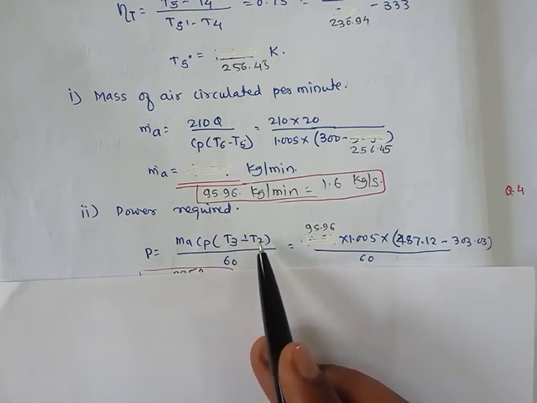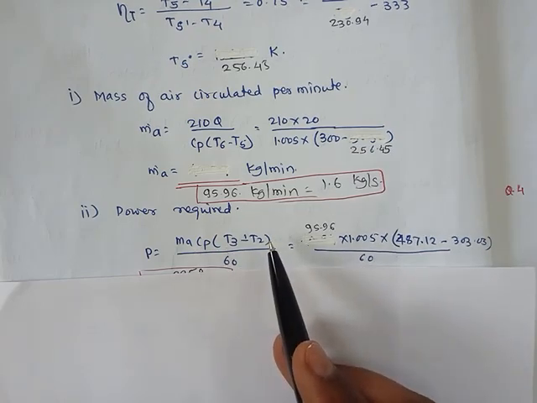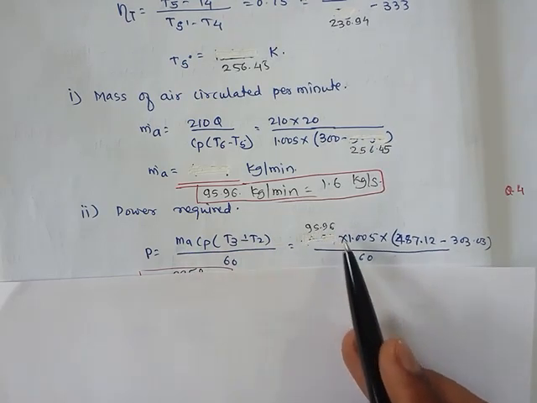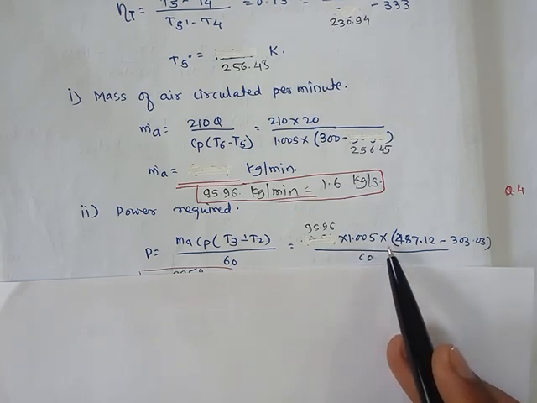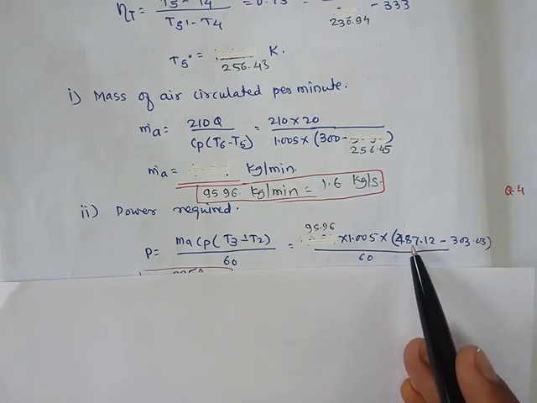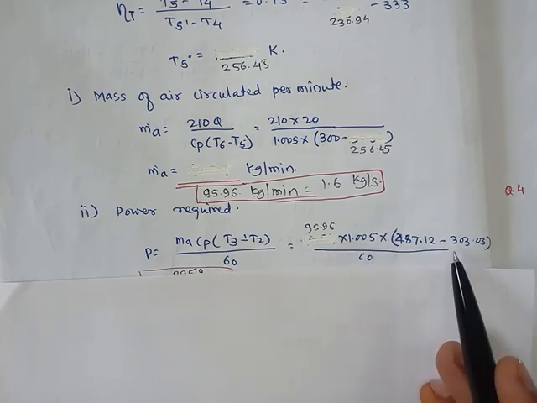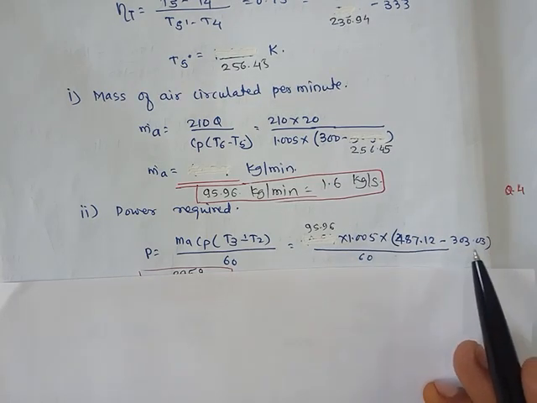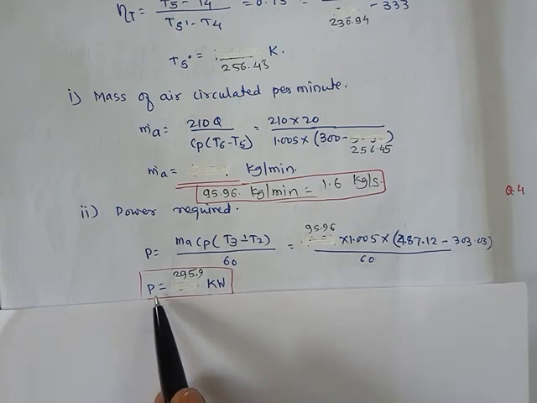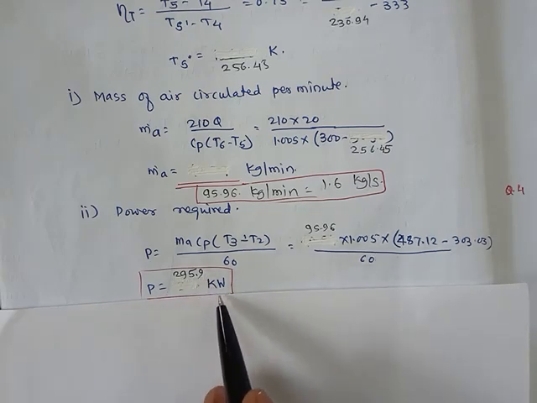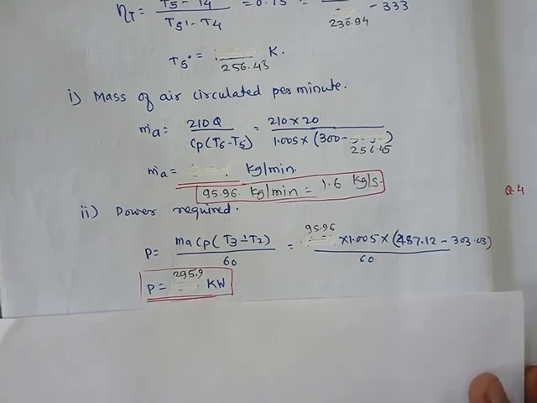This is the actual process. After substituting values, we have mass flow of air 95.96, multiplied by Cp of air 1.005, multiplied by T3 temperature 487.12 minus T2 303.03 Kelvin, divided by 60. After calculating this, the power is 295.9 kilowatt. So this is the value of power.